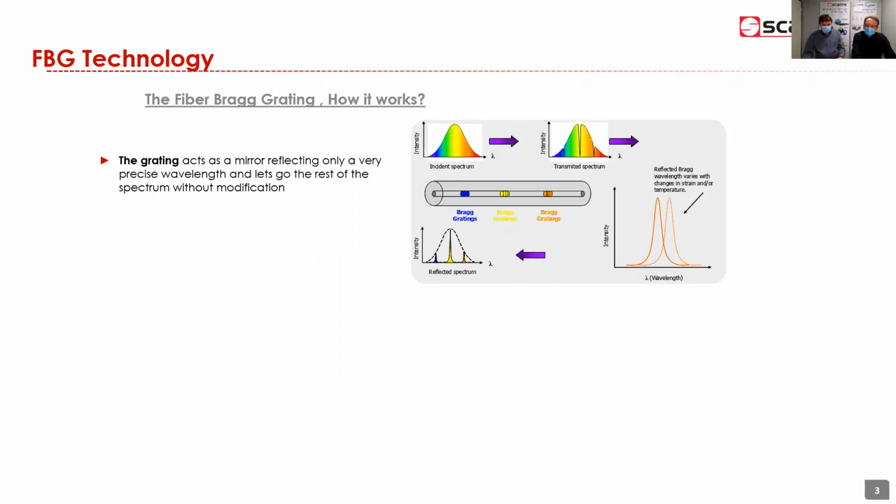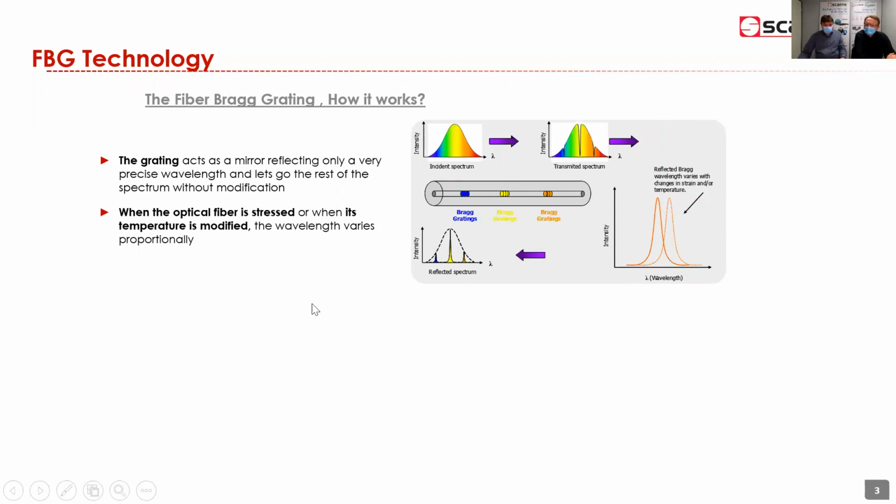And this mirror has the property to reflect only a very specific wavelength or color from the light that is sent into the fiber. And when this grating is stressed, then the wavelength will shift, which is what you can see on the right of the schema.